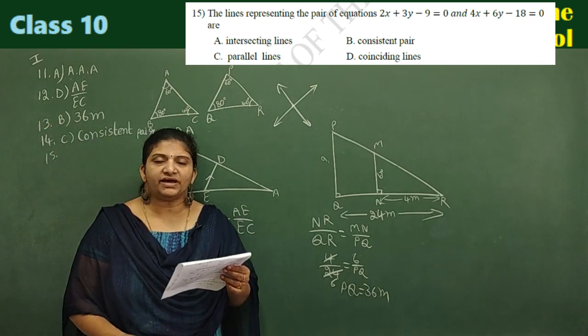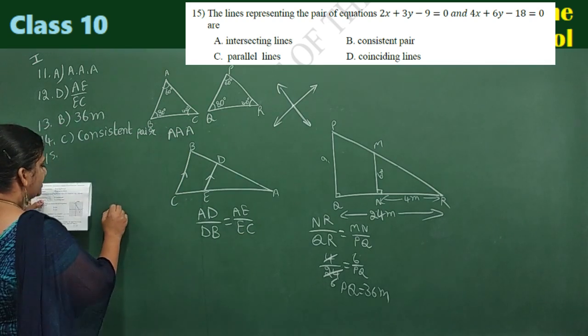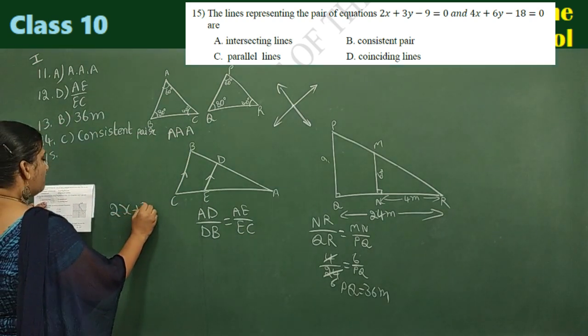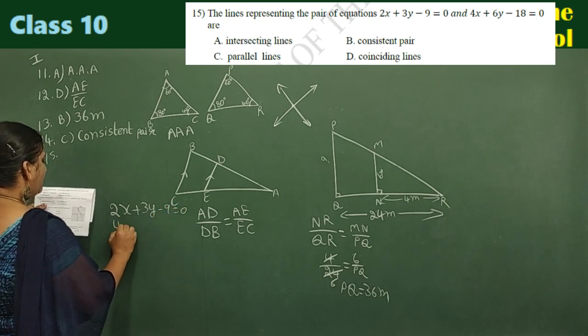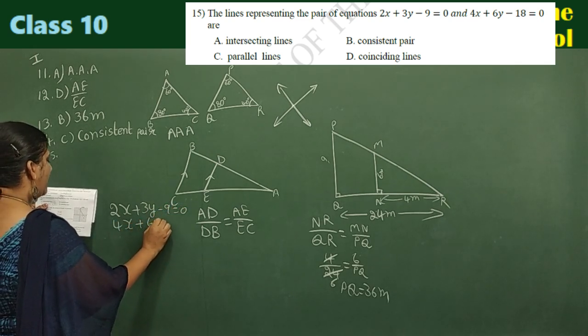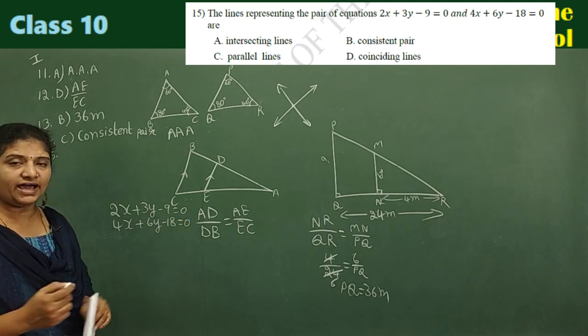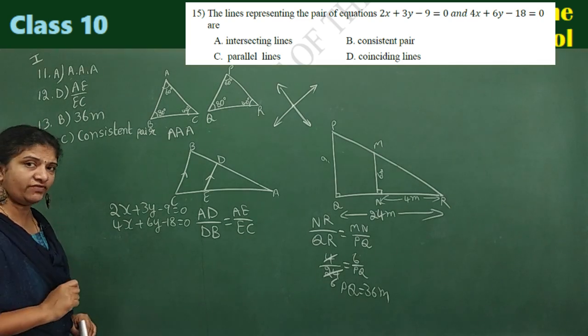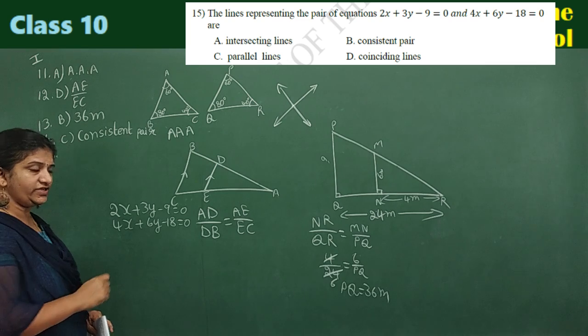Okay. 15th one. The lines representing the pair of equations. What are the equations? 2x plus 3y minus 9 equal to 0 and 4x plus 6y minus 18 equal to 0. What are the lines representing these pair of equations? Let us compare the ratios of the coefficients.